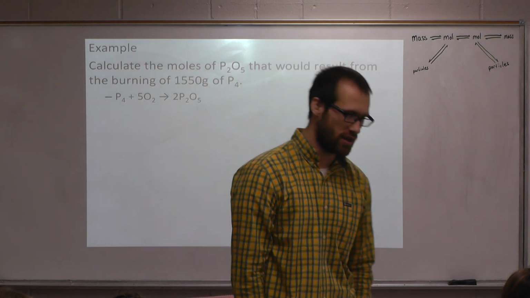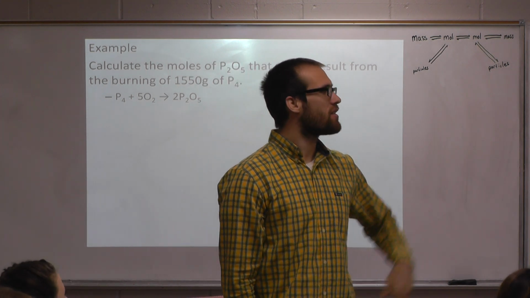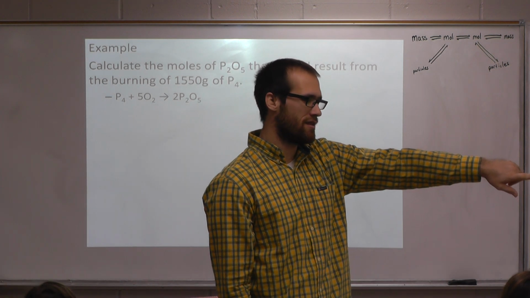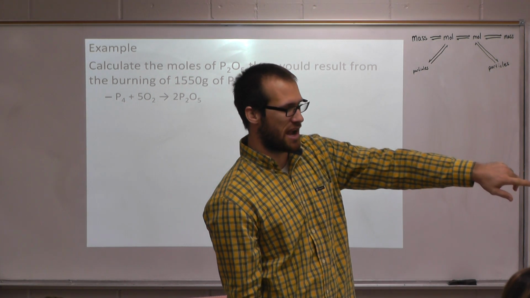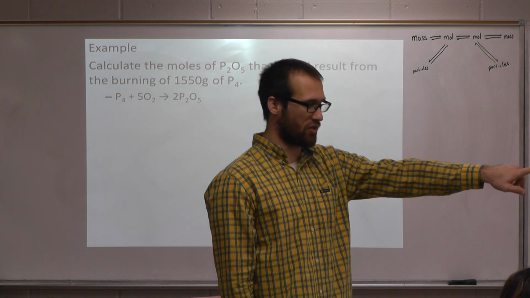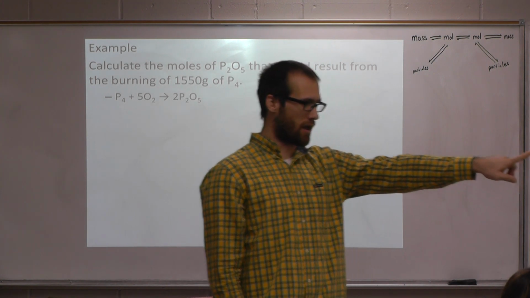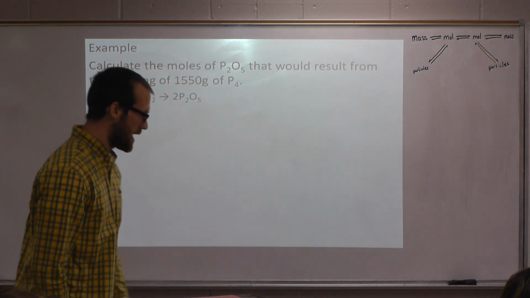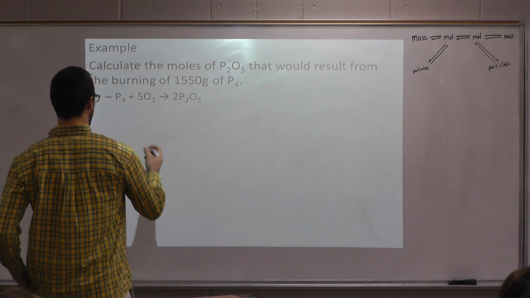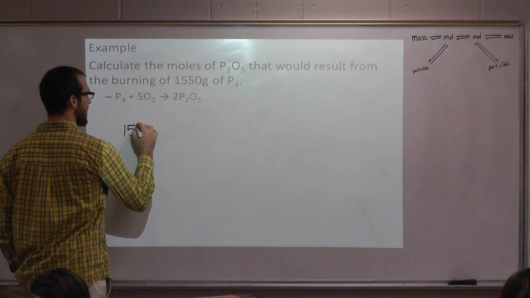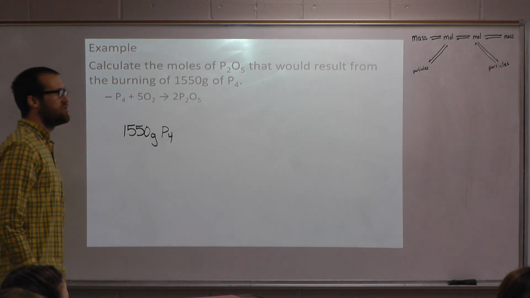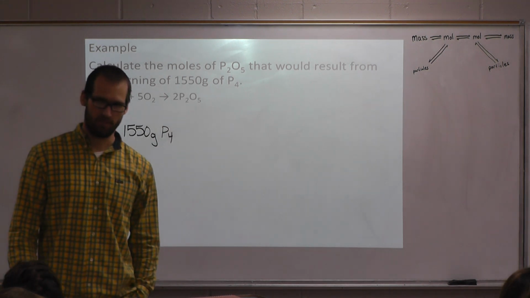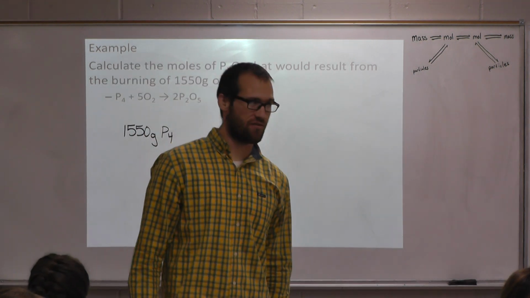There is only one section, the hardest section of this chapter, where you will be given multiple things. Everything else, they give you one thing, and you just start with what you've been given. 1,550 grams of P4 tells you what? The given mass.